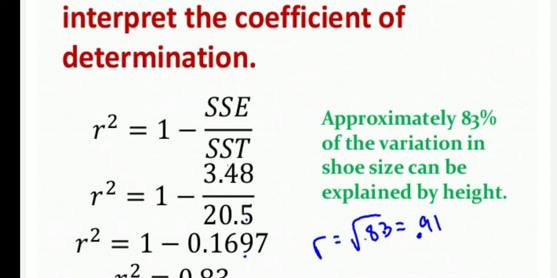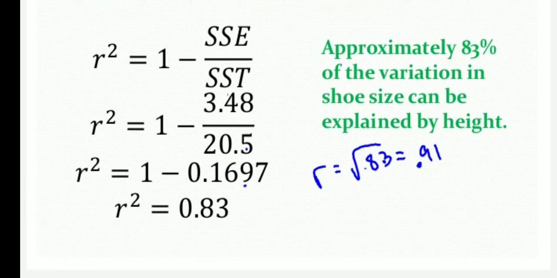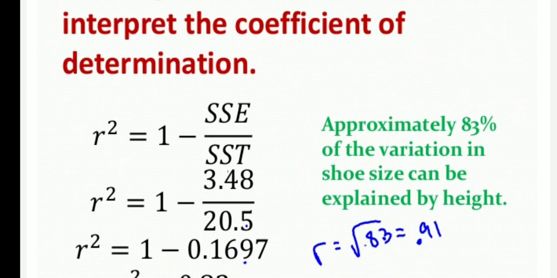See, the sum of squares due to error, or explained variation, is 3.48, divided by 20.5, the total sum of squares. 1 minus that gives you roughly 0.83. R squared equals 0.83. So what is the interpretation now? Approximately 83% of the variation in the shoe size can be explained by the height.